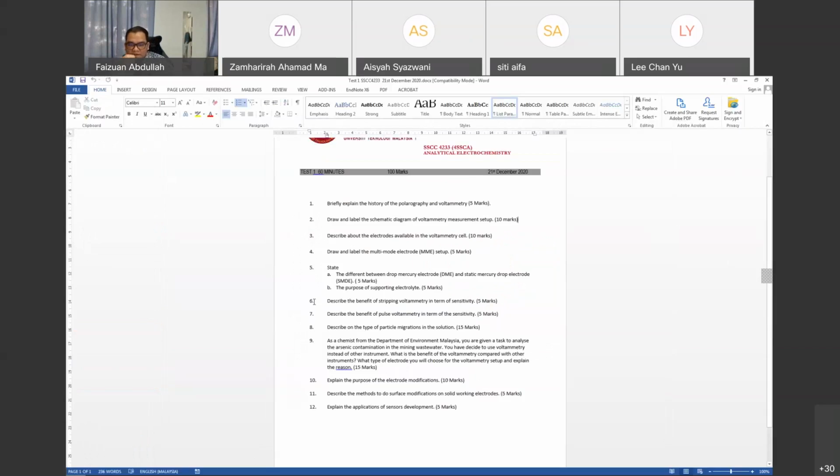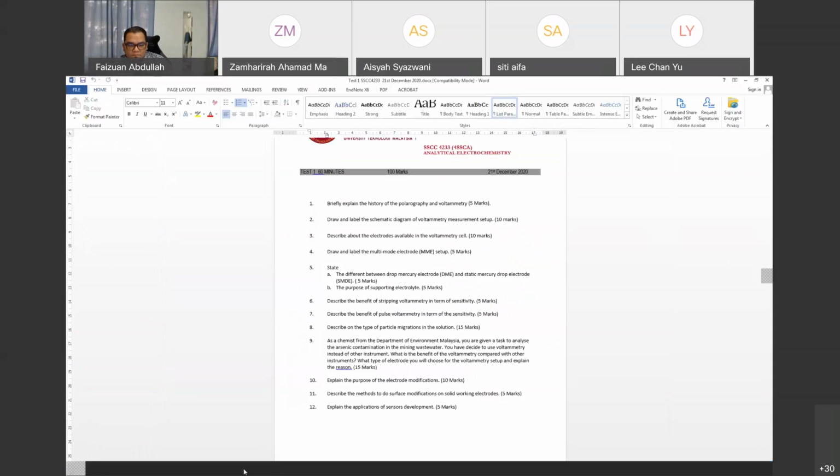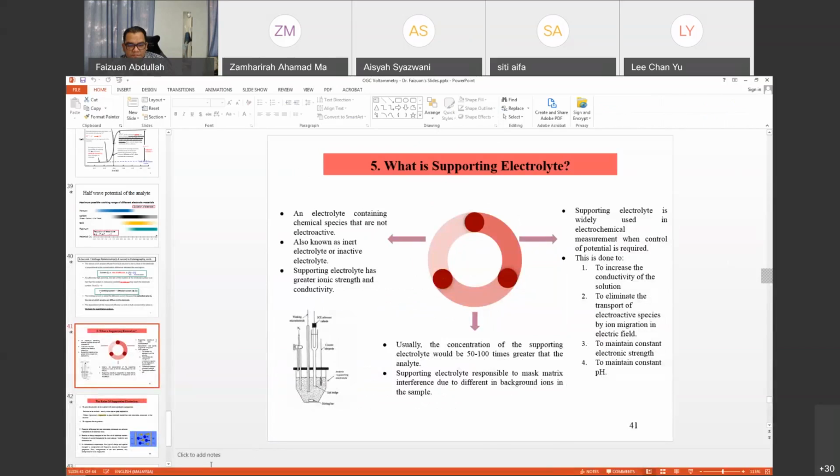Okay, describe the benefit of stripping voltammetry in terms of sensitivity. Macam mana? Saya nak tanya siapa ni? Jekti Iswari.